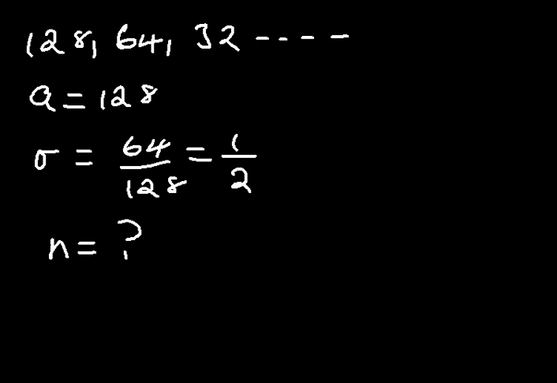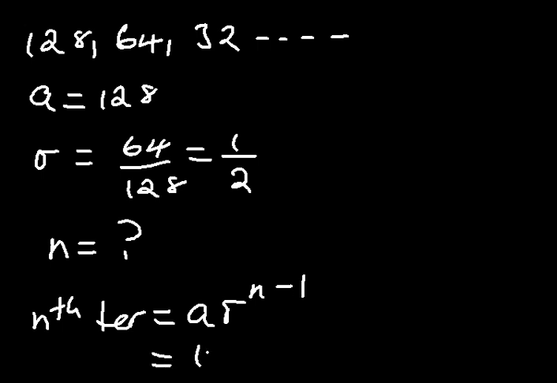So what is the nth term for the geometric progression? We have it as nth term is equal to a times r to the power n minus 1. In this case, the first term is given as 128, and the common ratio is 1 over 2, to the power n minus 1. So keep that in mind.